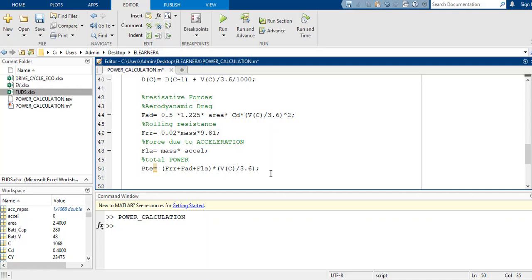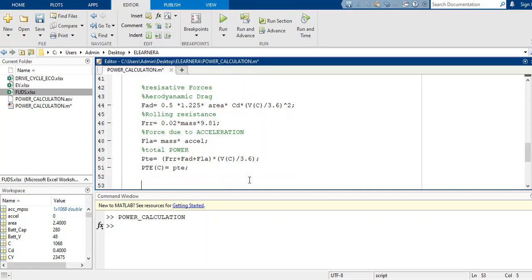So the total power we will get. So we will convert this total power into matrix form, that is in a C formation is equal to PTE. So this is our traction power.